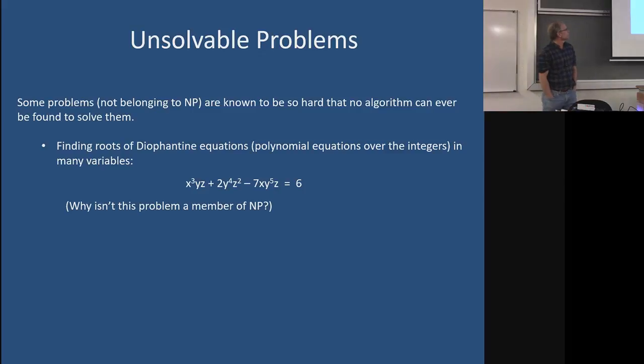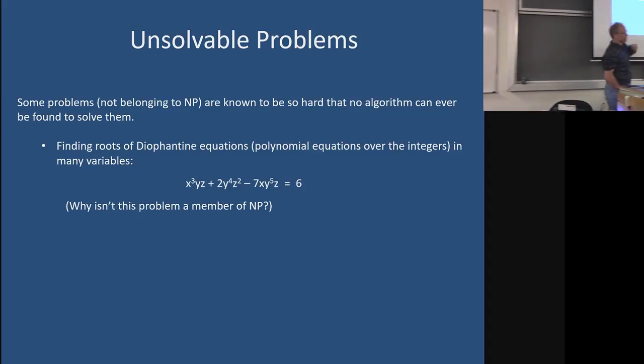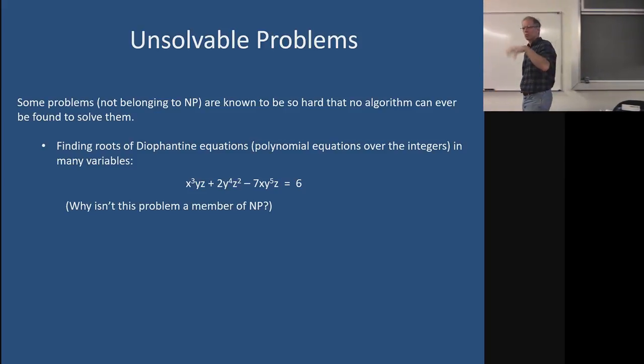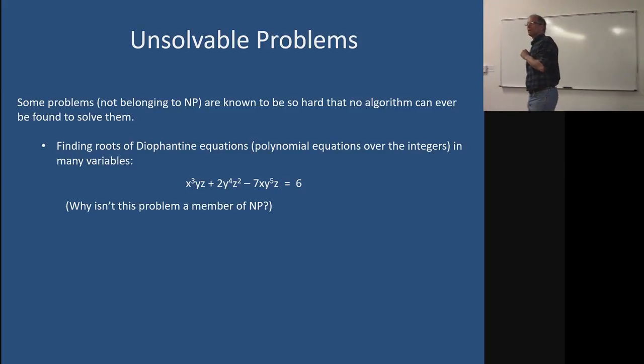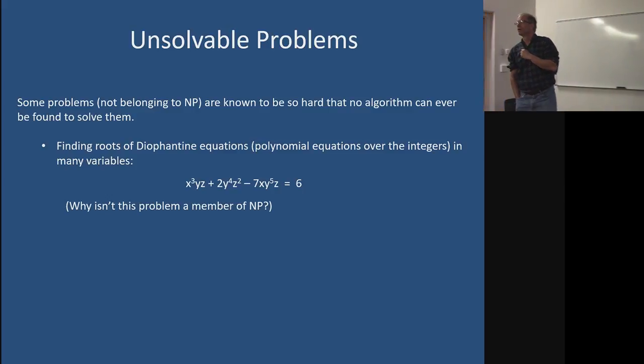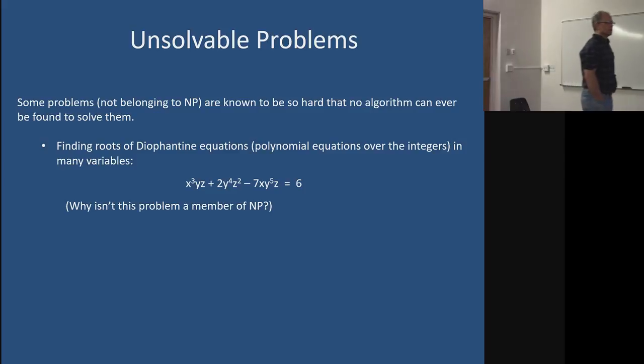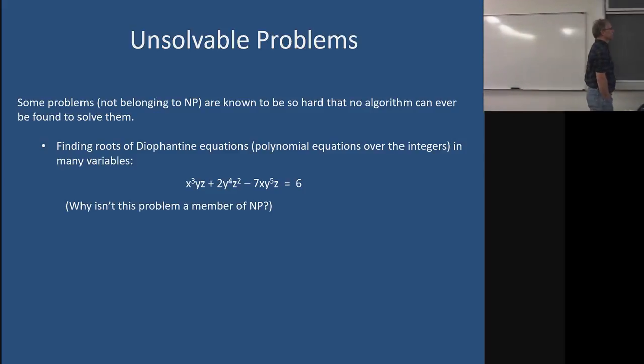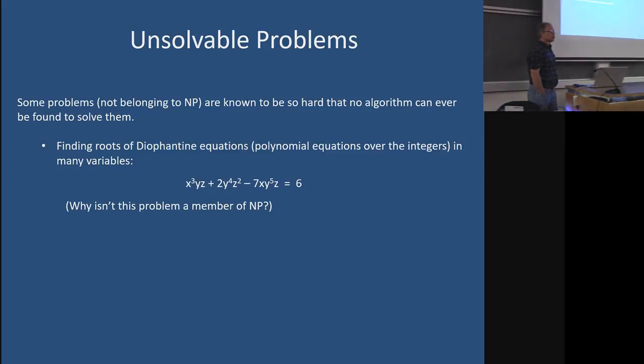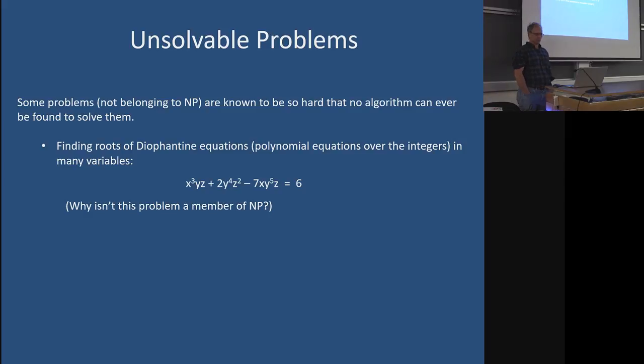Well, all the exponents are going to be constants, and so the time is proportional to the size of the number. It's possible that the only solutions are so big you can't find them. Well, no, it's not that. The solutions may be gigantic integers.